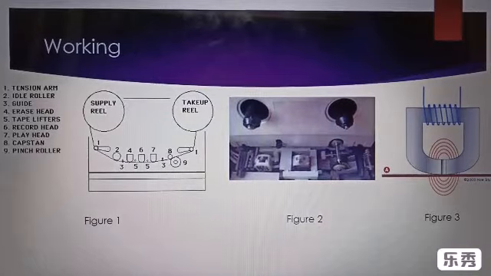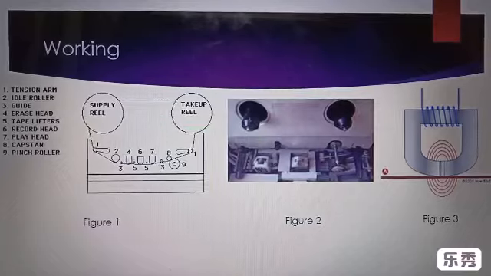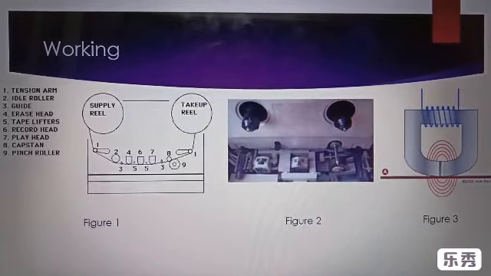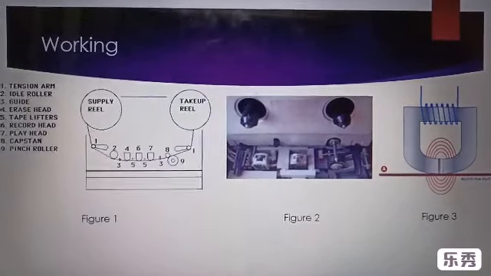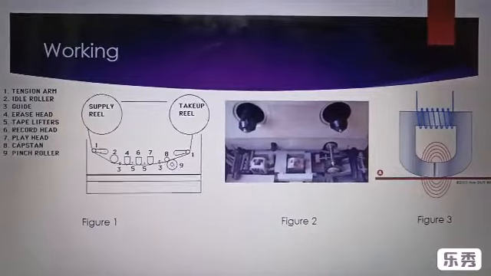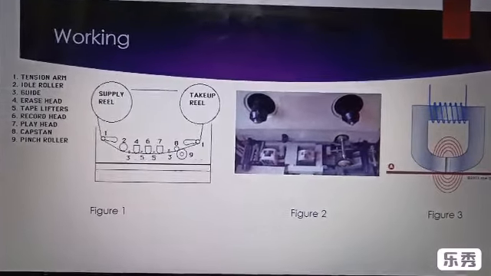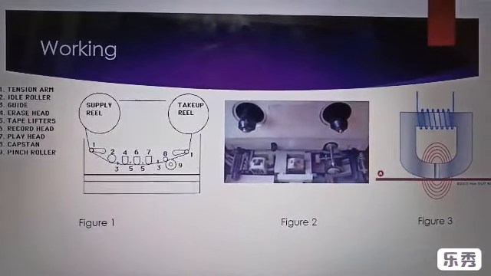So the oxides, which I said before were on the tape, are the ferromagnetic material that gets magnetized when a varying magnetic field is applied to it, and that magnetic flux remembers the information we are sending to it. So this is what happens when it is recorded.